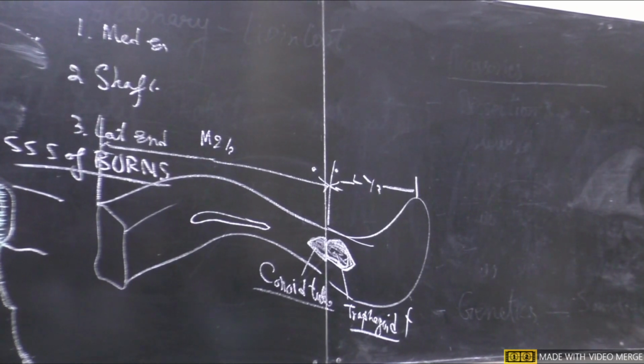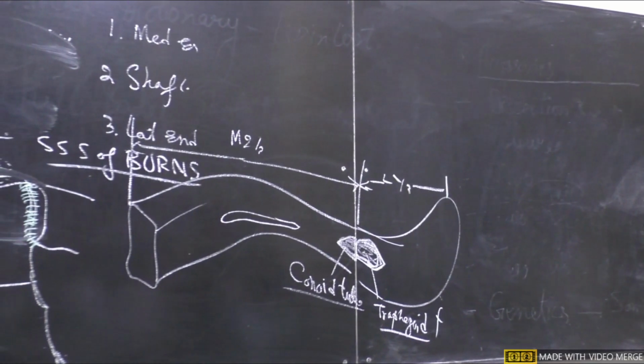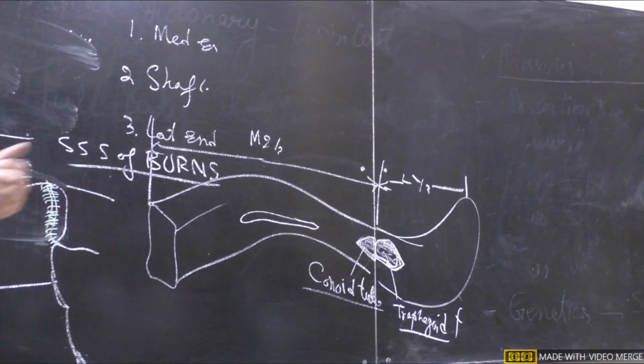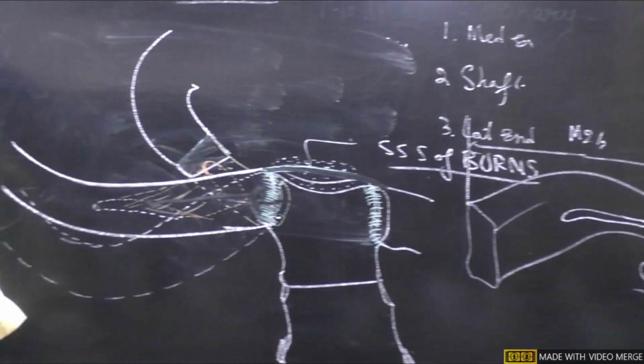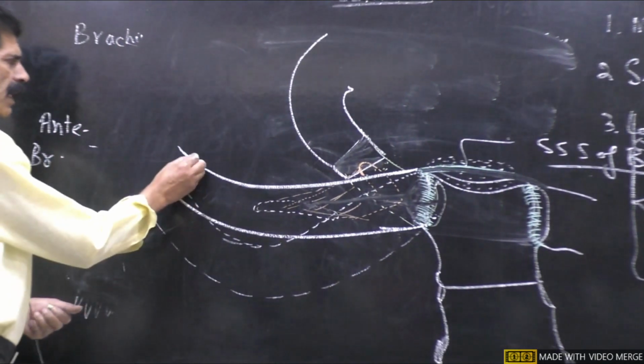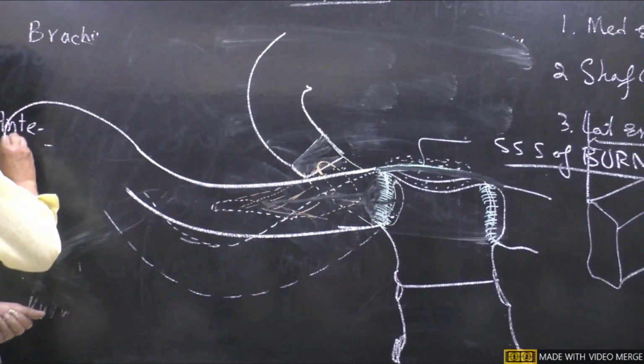Actually these two tubercles give the attachments to the same name ligaments, conoid ligament and trapezoid ligament, as the costo-transverse joint is also having the same name ligament, the costo-transverse. Same is here, these are the ligaments. Again, they are the fixation of the clavicle.